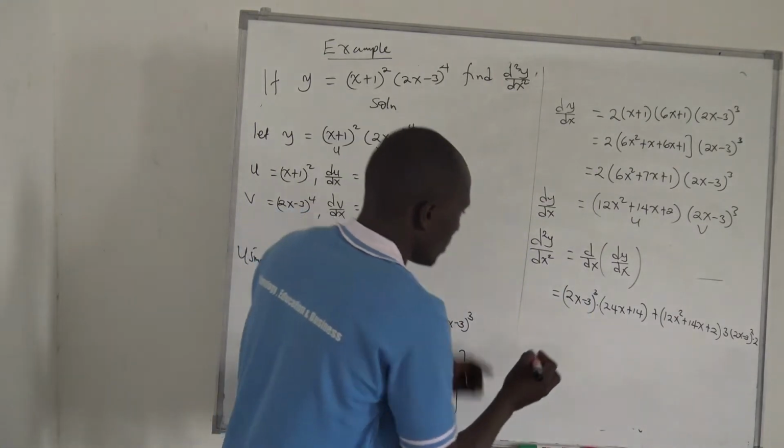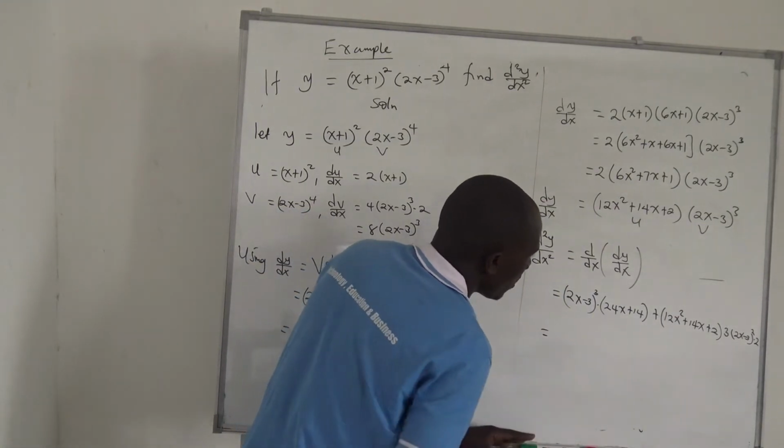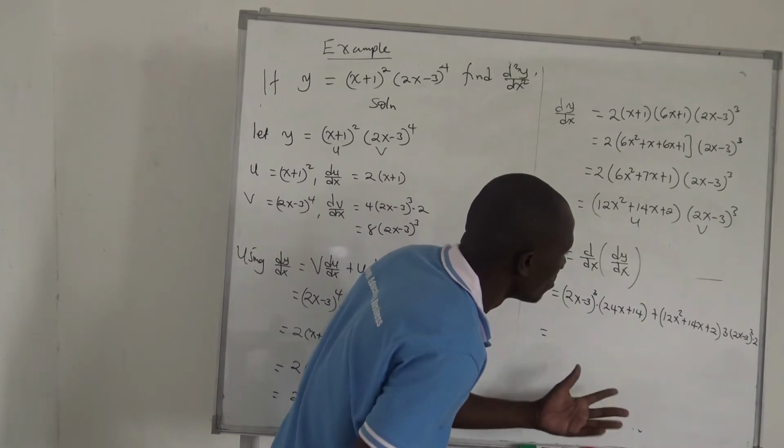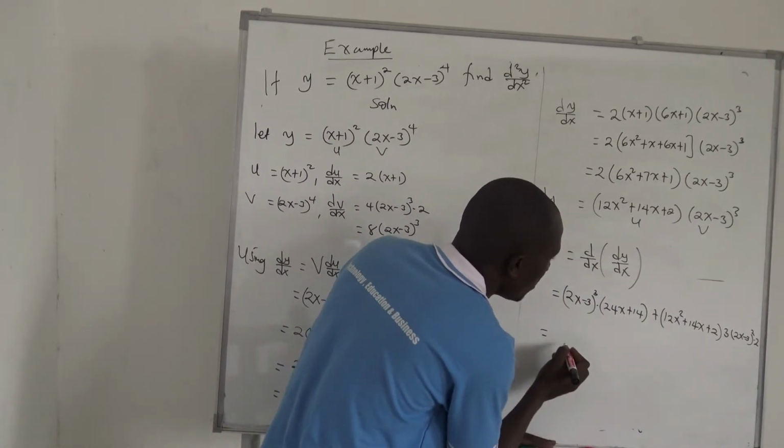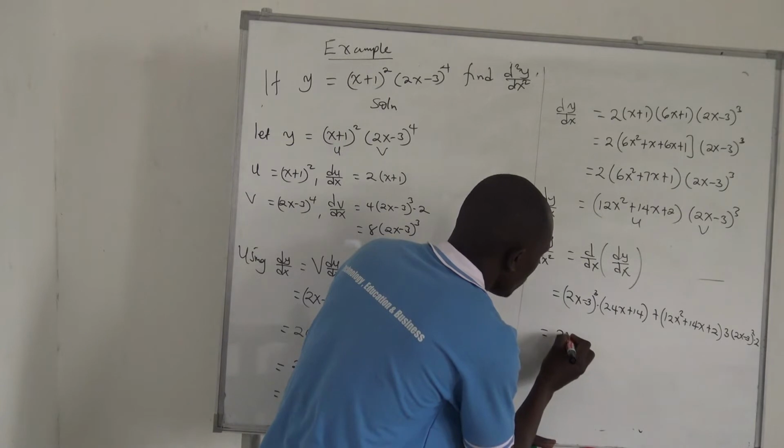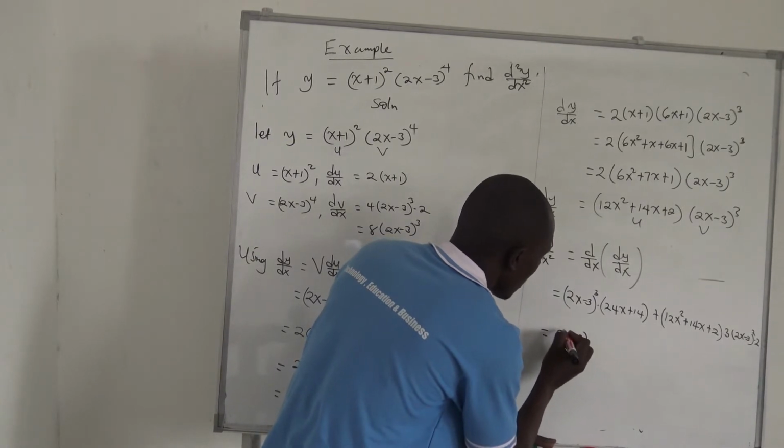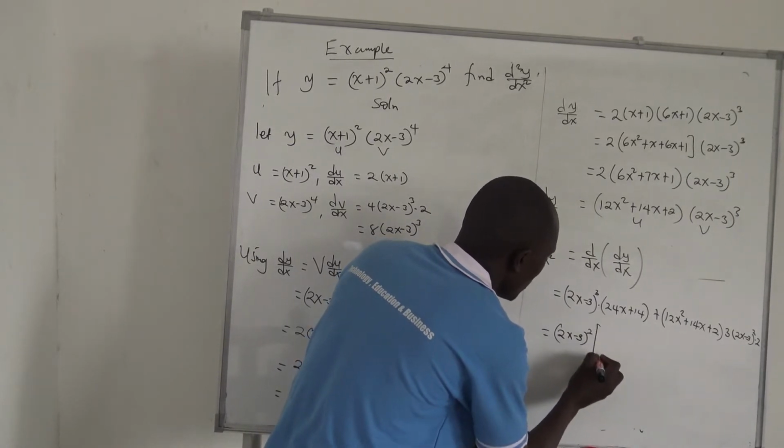So can we go ahead? What are we getting here? We factorize out what is common. What is common is only (2x minus 3) to the power 2. What do I remain with?